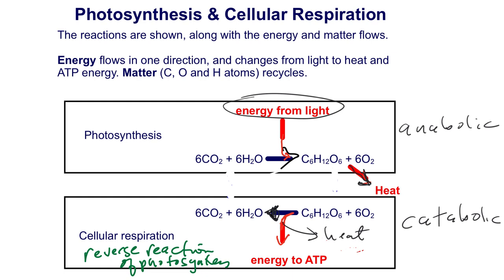So cellular respiration is basically the reverse reaction of photosynthesis. And to reiterate, anabolic is endergonic, and catabolic is exergonic or exothermic.